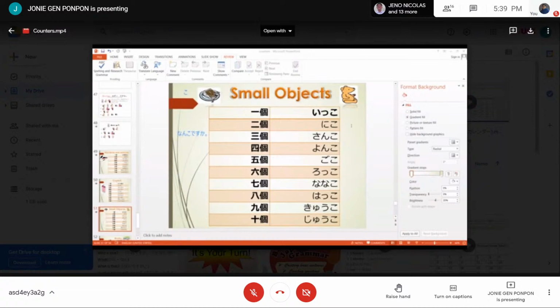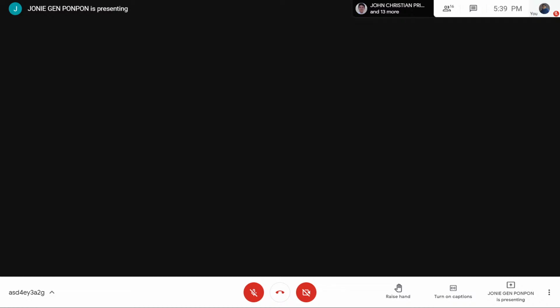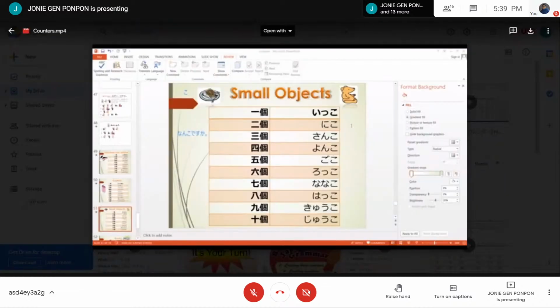In my case, hachiko is what I usually use. Though when it gets to 10, that will be jukko. But for 8 only, I don't know if that is right or am I wrong? So for the sake of being correct, let's just use hakko.